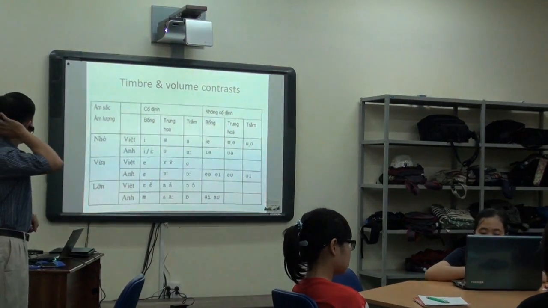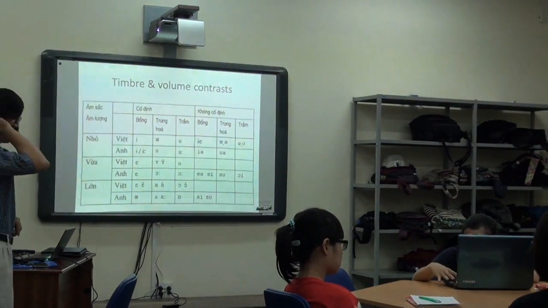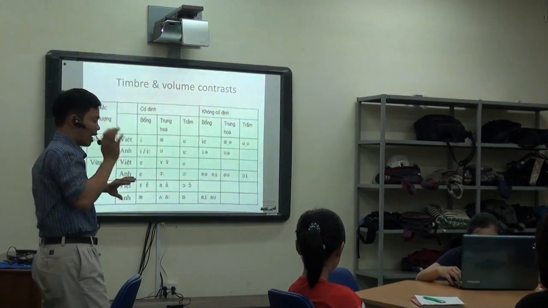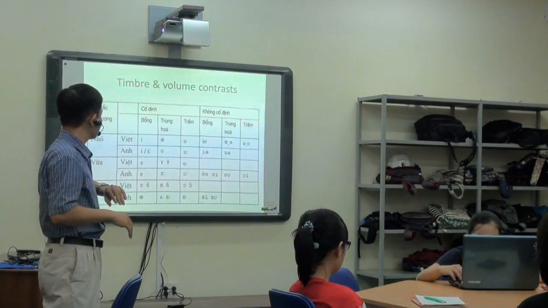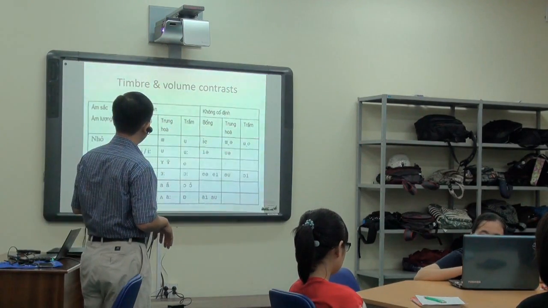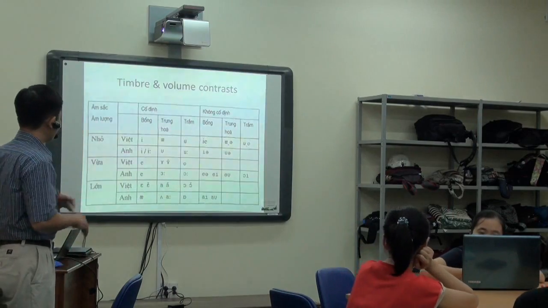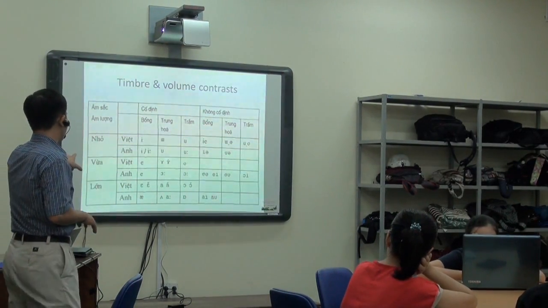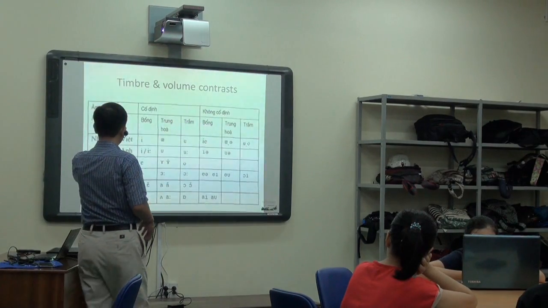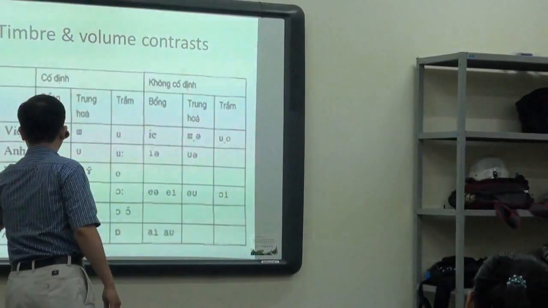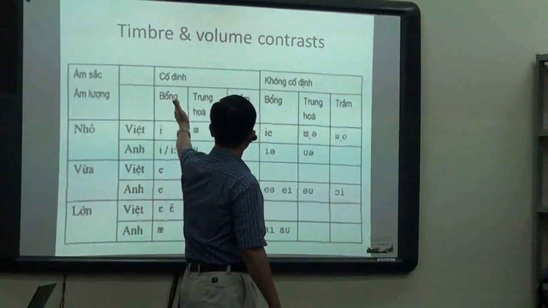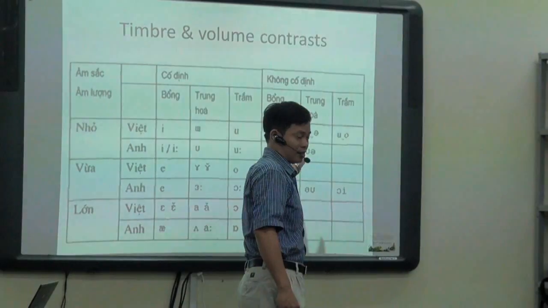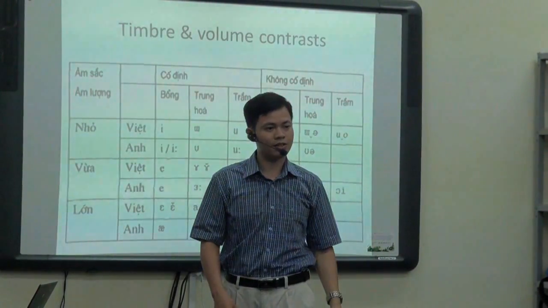All right. When we try to contrast the volume, how loud the sound is, and the timbre, whether it is fixed or changes in sound quality, we have this chart. This is for how loud the sounds are, and this is for whether it changes the sound quality or not.